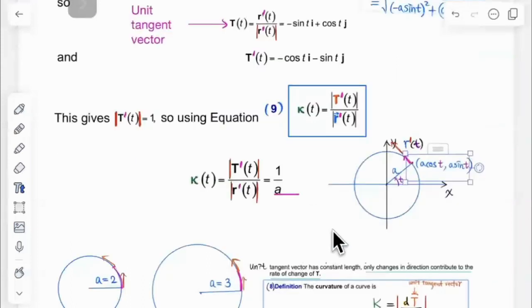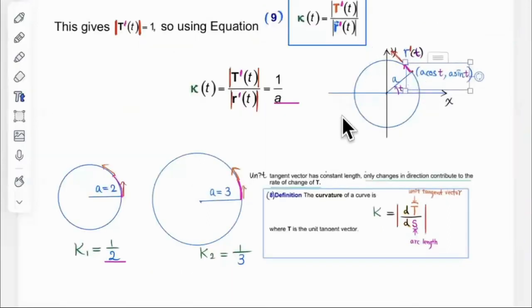Now what does this say? That says that if the circle has radius a, then the curvature, which measures how quickly the curve changes direction, is going to be 1 over a. So for example, if the radius of the circle is 2, then the curvature of this curve will be 1/2.